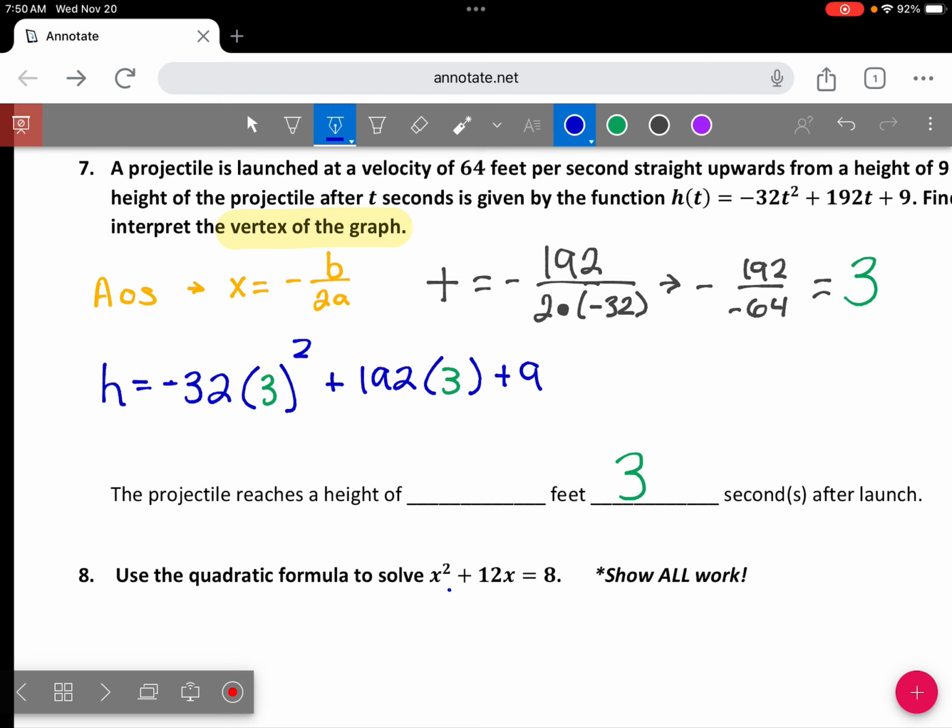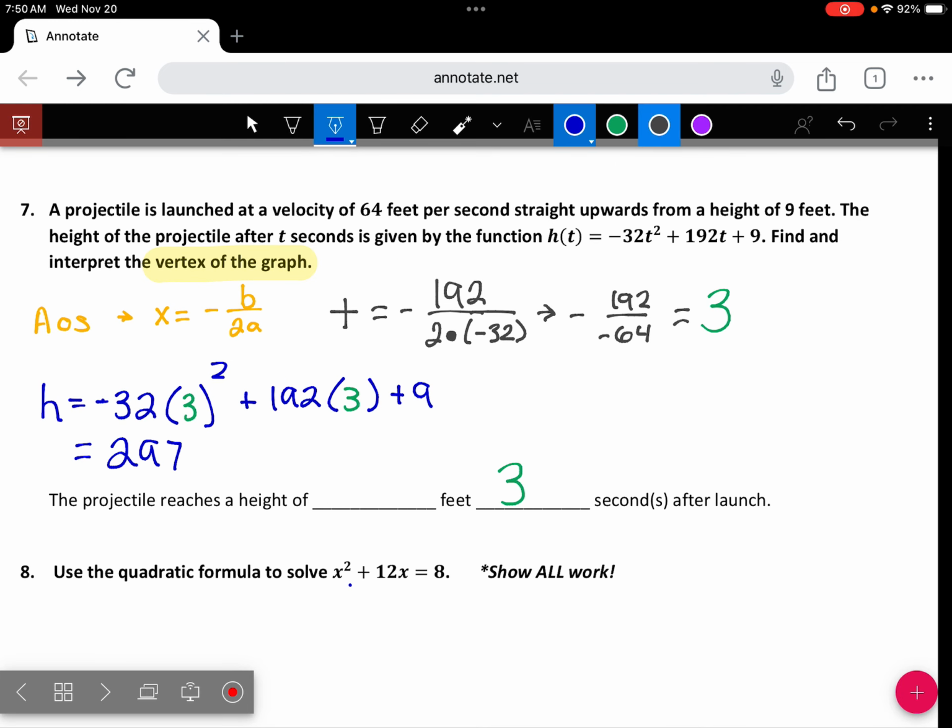So we're going to type this in the calculator and be very, very careful about it. What do we get as our height? What does this simplify down to be? 297. So our vertex is at the point (3, 297).